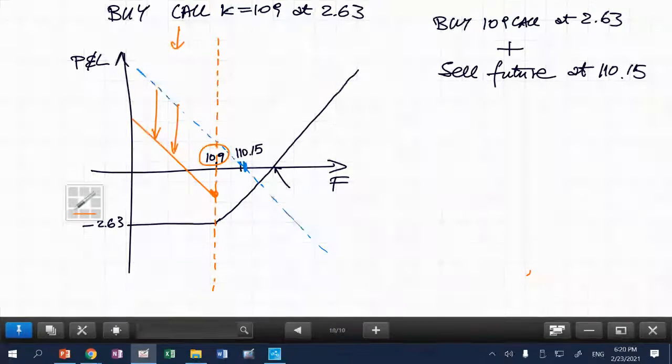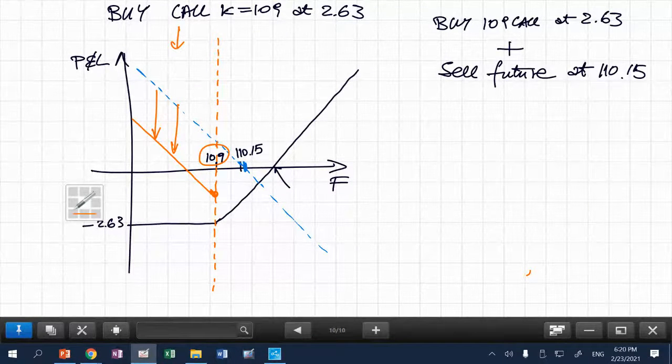You sold at 110.15, you buy at 109, how much money do you make? You make 1.15, okay? This plus 1.15 reduces the losses of minus 263 that you make on the option. Have I been clear? The difference between the two, if I'm not mistaken, would be minus 1.48, okay? Which is minus 2.63 plus 1.15. Is that fine? All right.